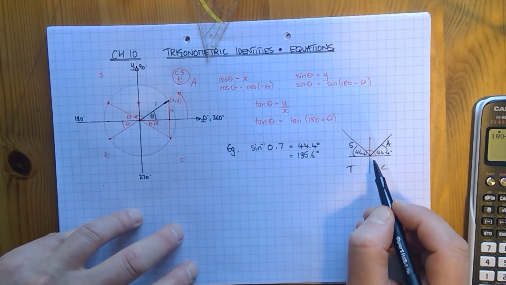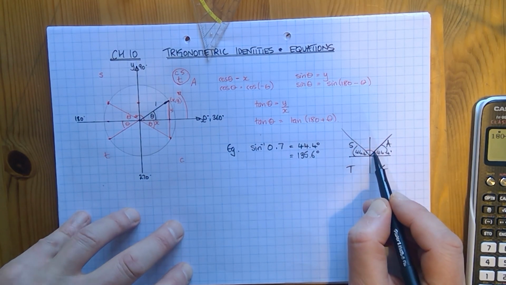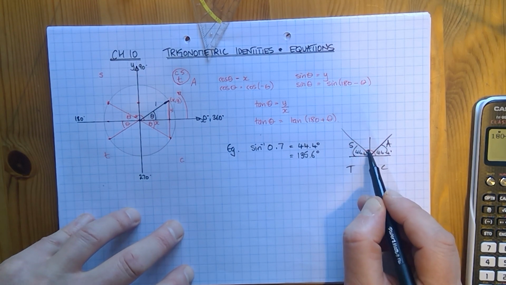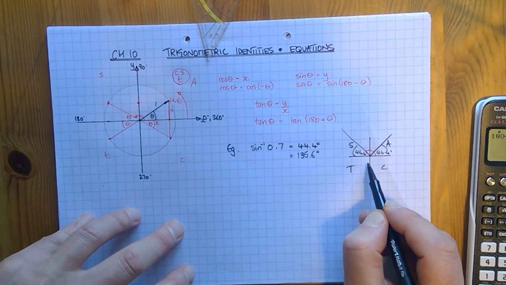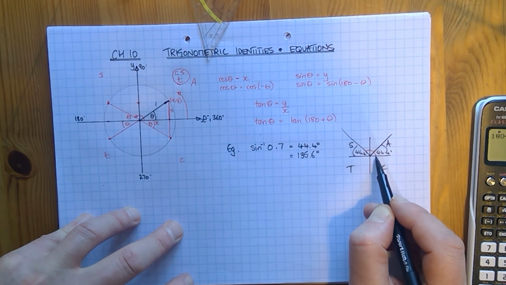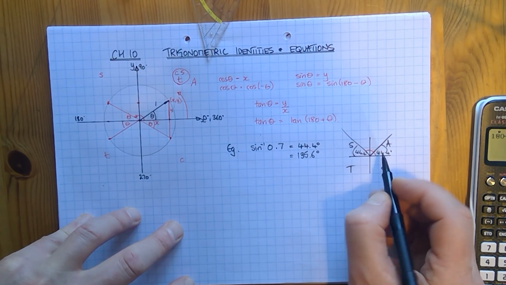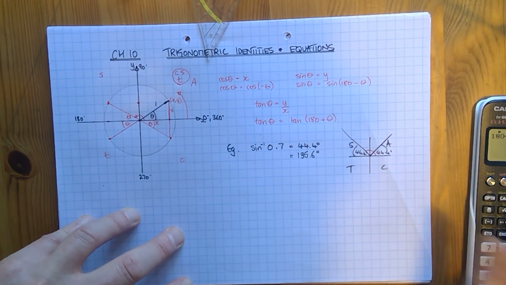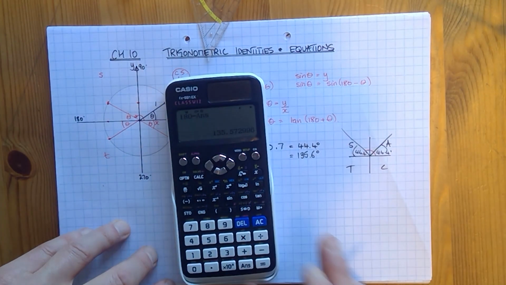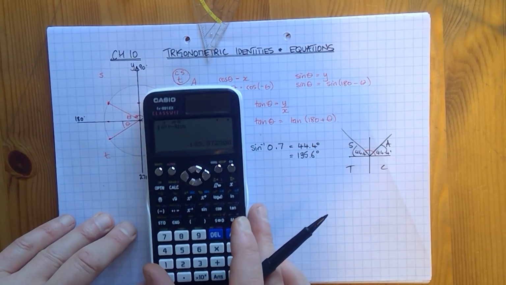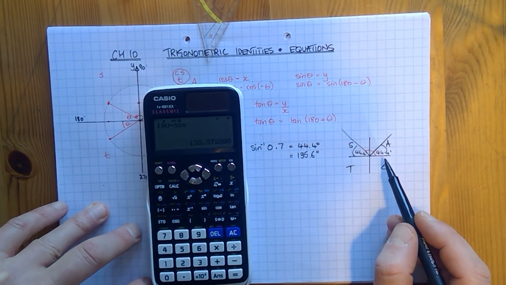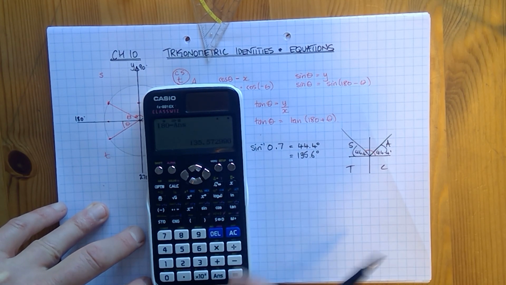Now you can carry this on. So we've got 44.4, we've got 180 take away 44.4. We could also then do a complete circle, and then this last angle here should be 360 plus the 44.4, which is 404.4. Theoretically, according to our diagram, the sine of 404.4 degrees should be 0.7.